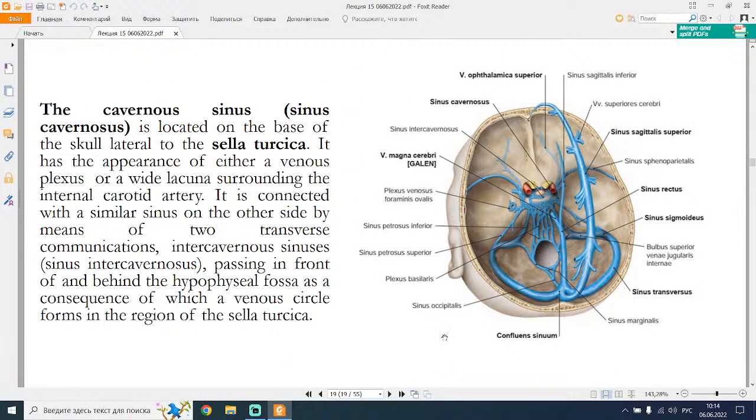Next, the cavernous sinus, sinus cavernosus. It is located on the base of the skull lateral to the sella turcica. It has the appearance of a venous plexus or lacuna surrounding the internal carotid artery.